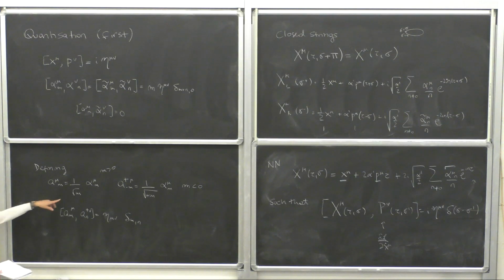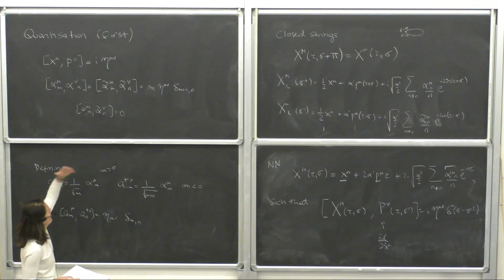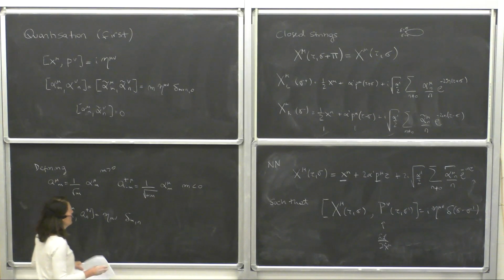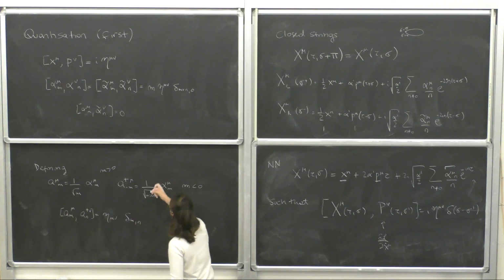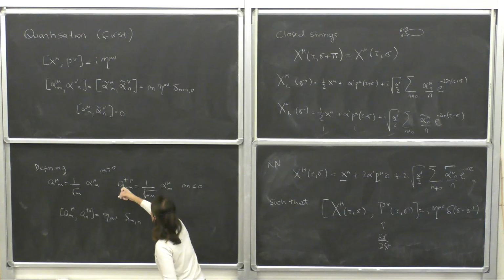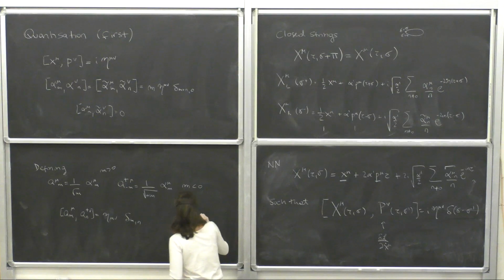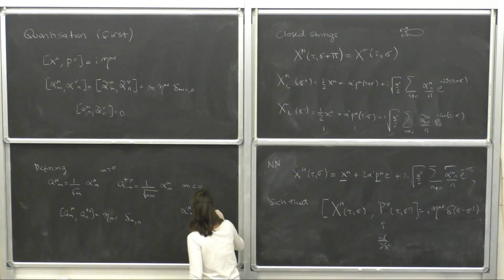So up to this normalization in the commutator, but if you absorb this normalization, then these are just creation and annihilation operators. The one with negative, the A dagger, so alpha mu minus n are creation operators.